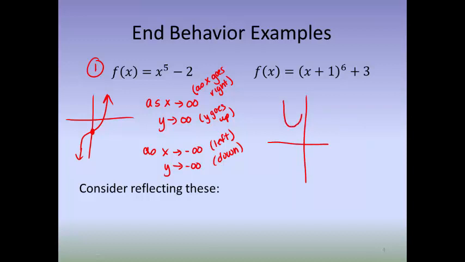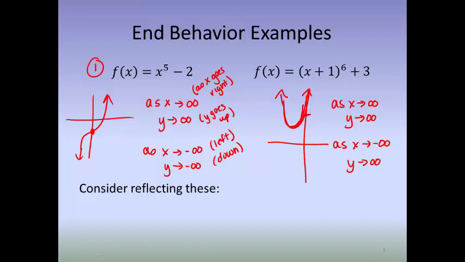And you can see it probably crosses the axis right around there. And it looks like this. It almost looks flat again on the bottom. So we're going to be talking about as x goes to the right, which means positive infinity, y is going up. But as x goes to the left, which means negative infinity, y is still going up.